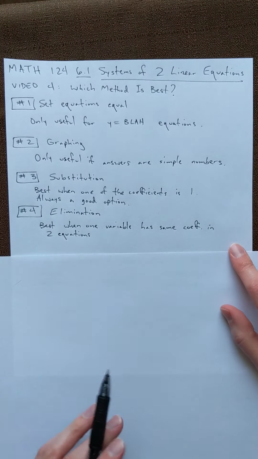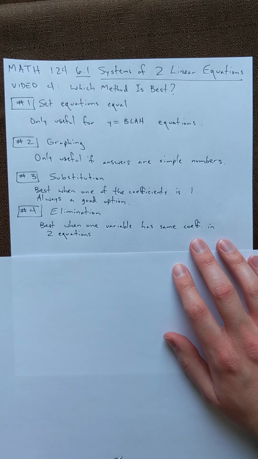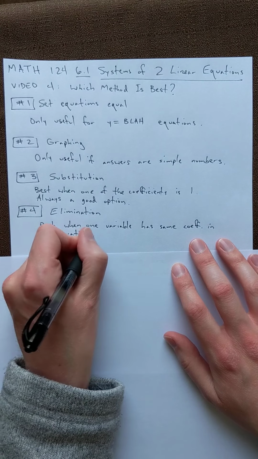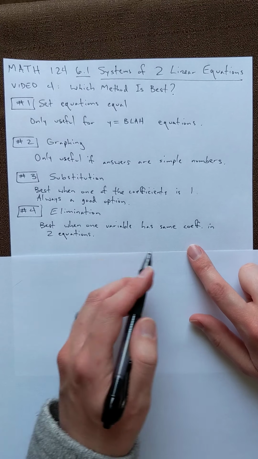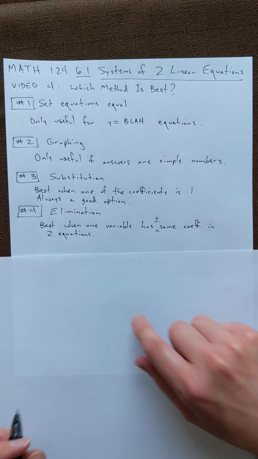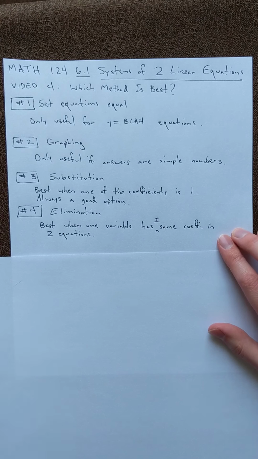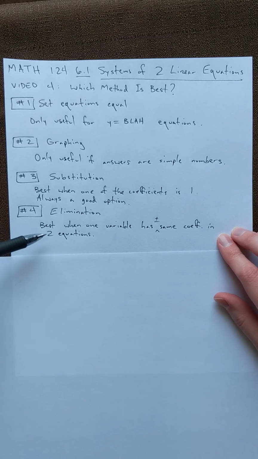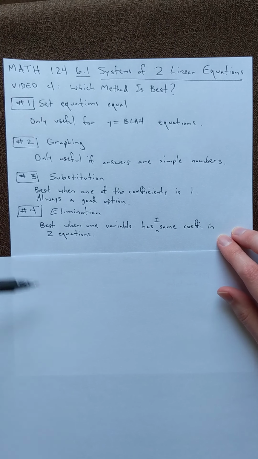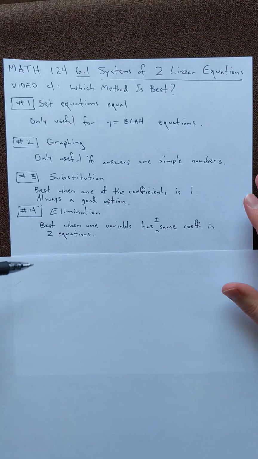Preferably one positive, one negative, but even if it was just the same, we can subtract equations the same way we can add equations. So maybe let's say it has plus or minus the same coefficient in two equations. With that said, elimination is probably, out of the four, the most complicated to actually run through the steps of. So if you want to just skip elimination as an option, that's okay with me.